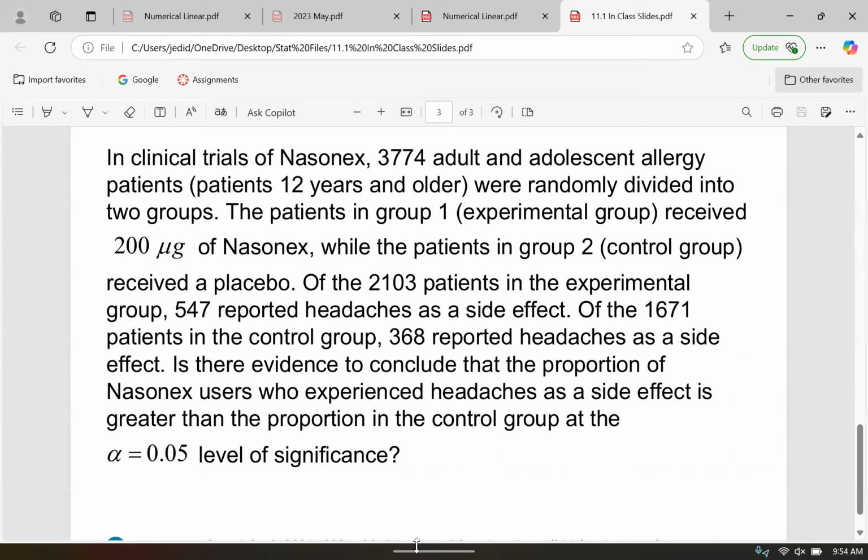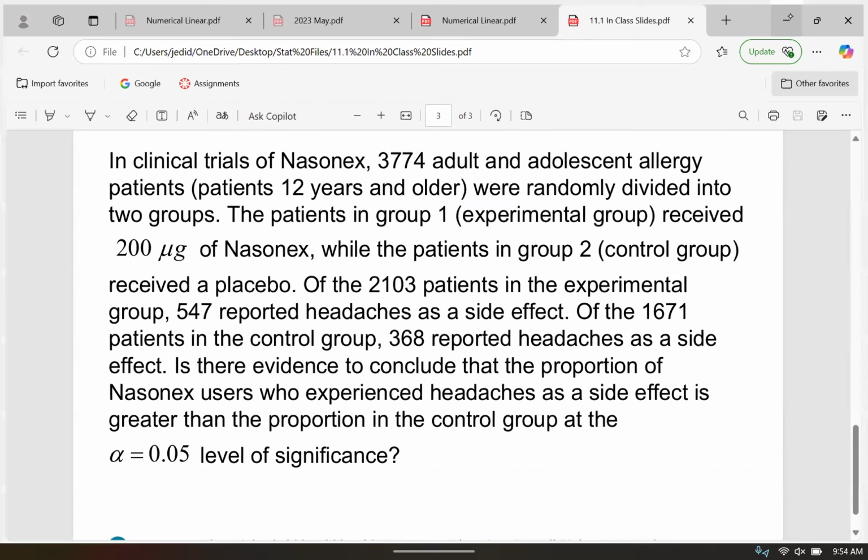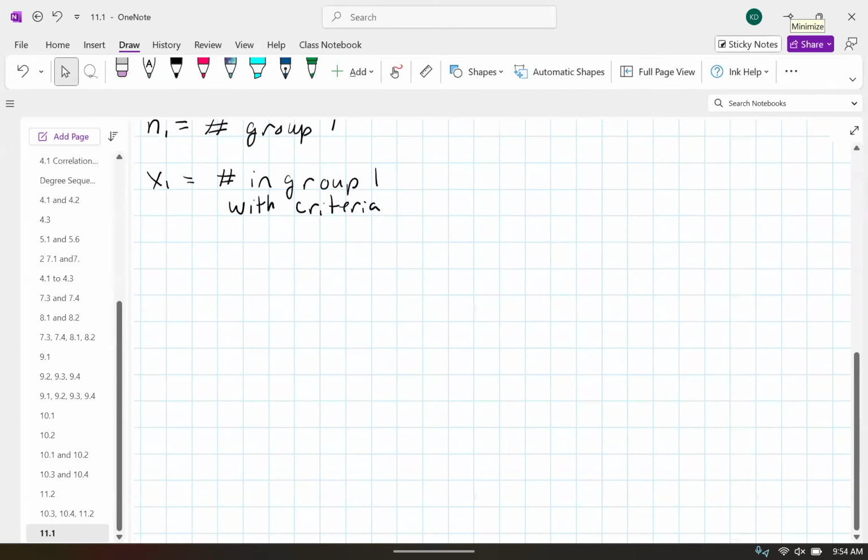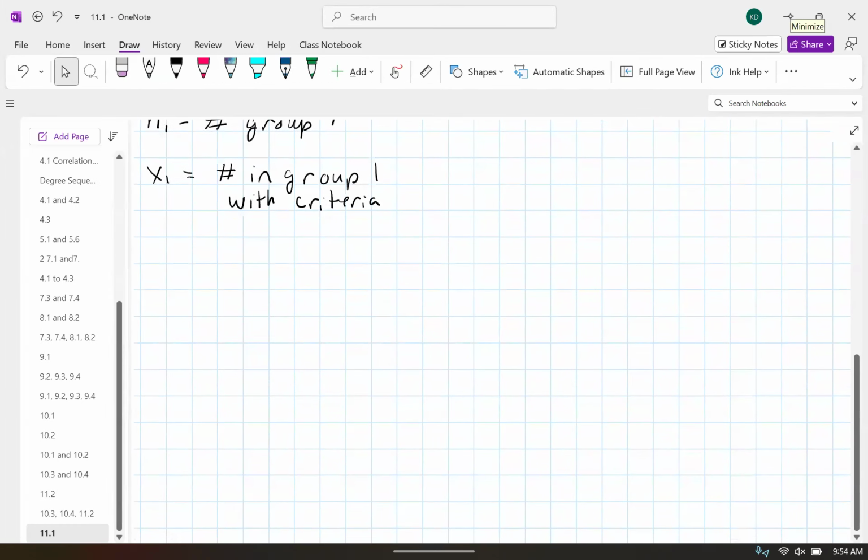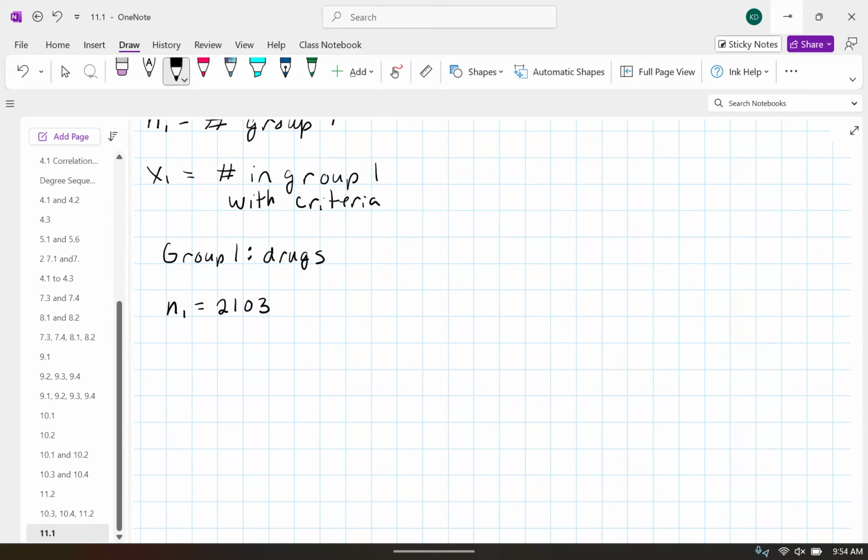So that is a lot of data. Let's scribble it down. So group one got the drugs. And we had 2103 in group one.